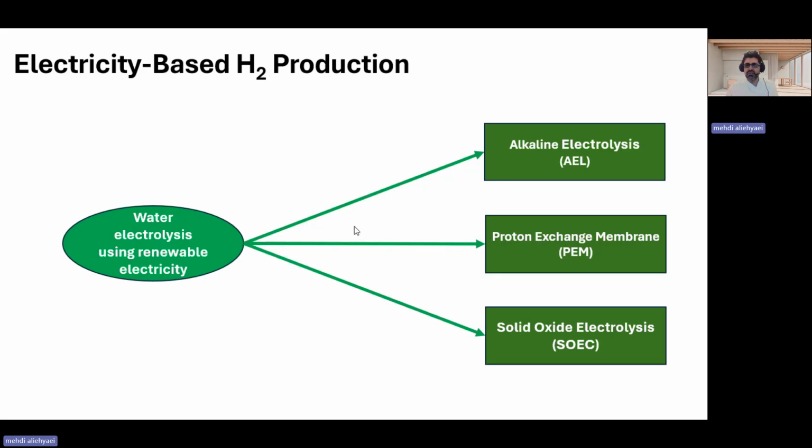And also we have the PEM electrolyzer, which can respond very quickly to changes in electricity supply, which makes it suitable for use with variable renewable energy sources such as wind and solar. And also we have the solid oxide electrolyzer, SOEC, which works at high temperatures and can achieve high efficiency, but it is still less mature compared to other technologies.